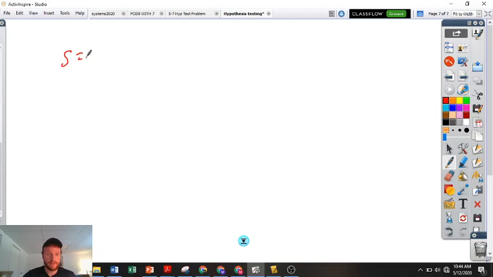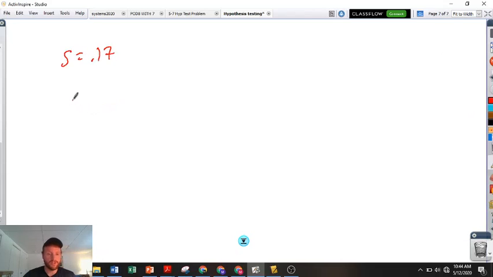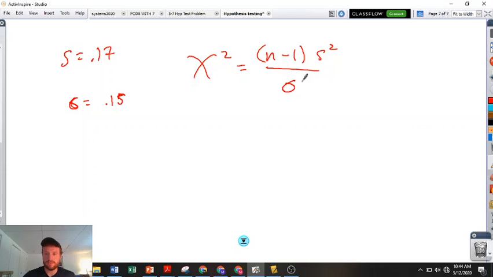So we got s equal to 0.17. We're assuming that sigma, based on our null, is 0.15. Based on these two numbers, we're going to find the chi squared that relates to that by doing n-1 times s squared over sigma squared.